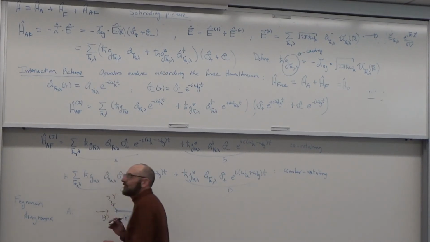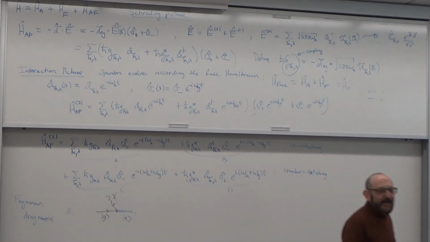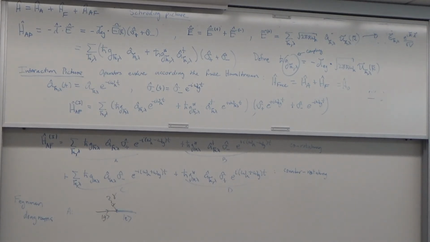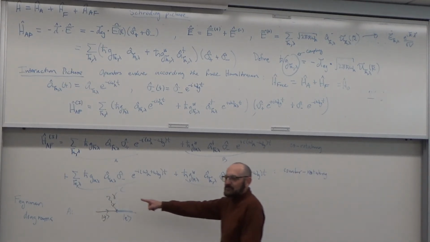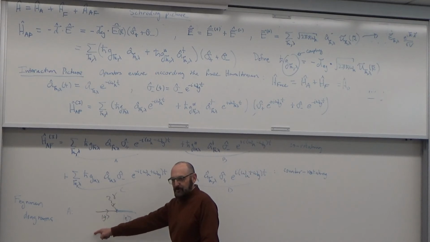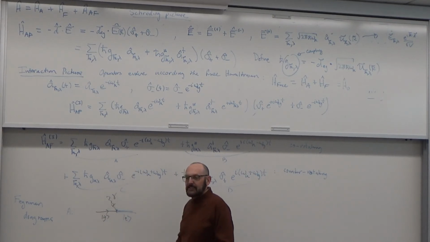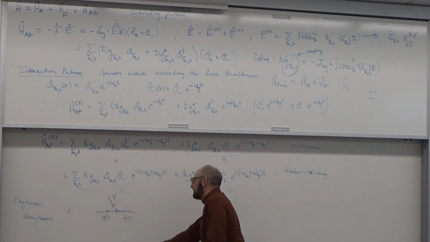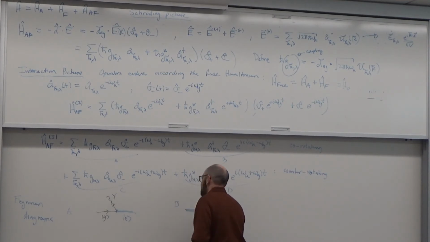Photons are typically called gamma in Feynman diagrams. So that corresponds to absorption of a photon going from ground to excited. That's process A. Process B is the opposite. I start in the excited state, I emit a photon, and go to the ground state.